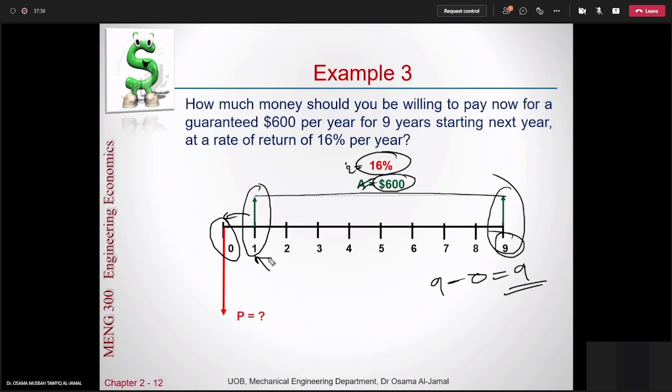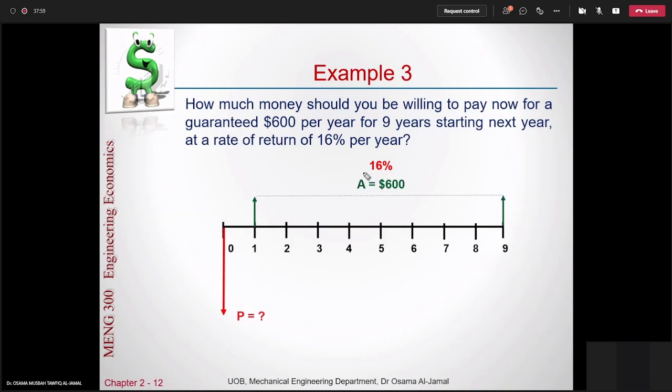How many cash flows do we have here? 9 cash flows. If you say 8, which means what? You exclude one of them. You removed one and left only 8. If you say 8, then you have not included one.